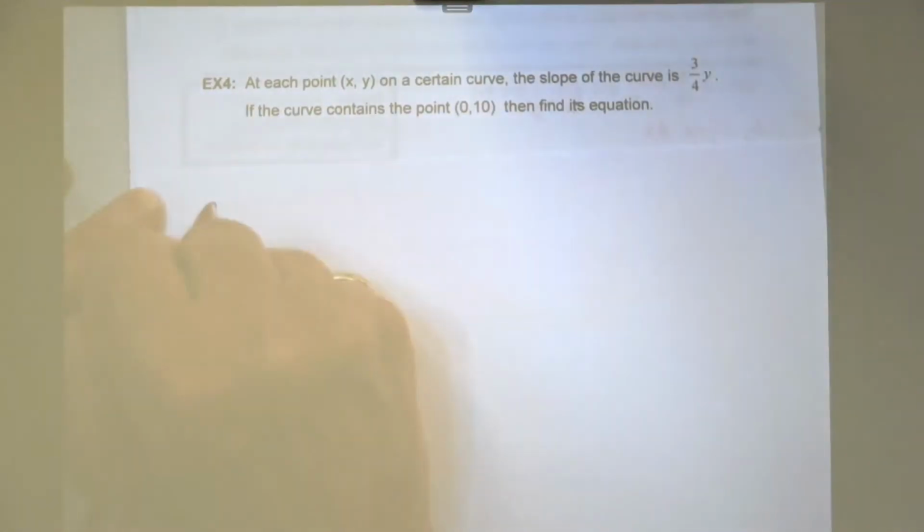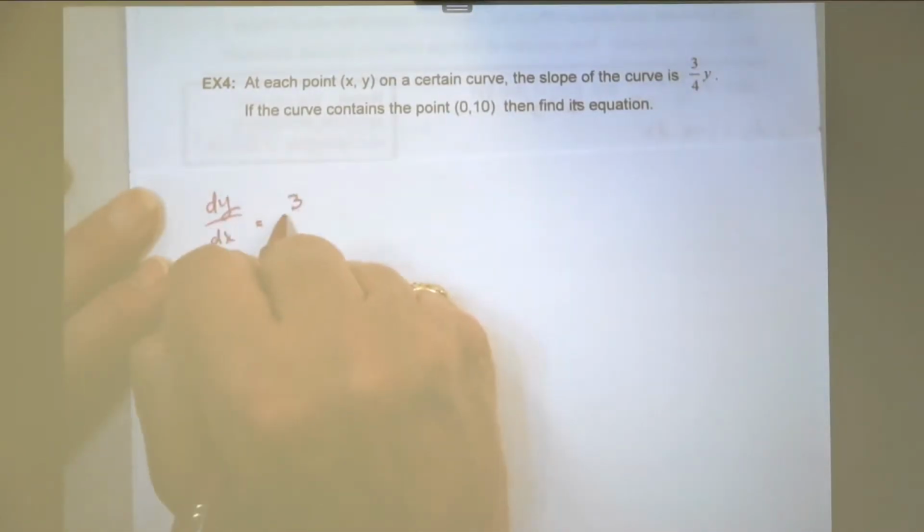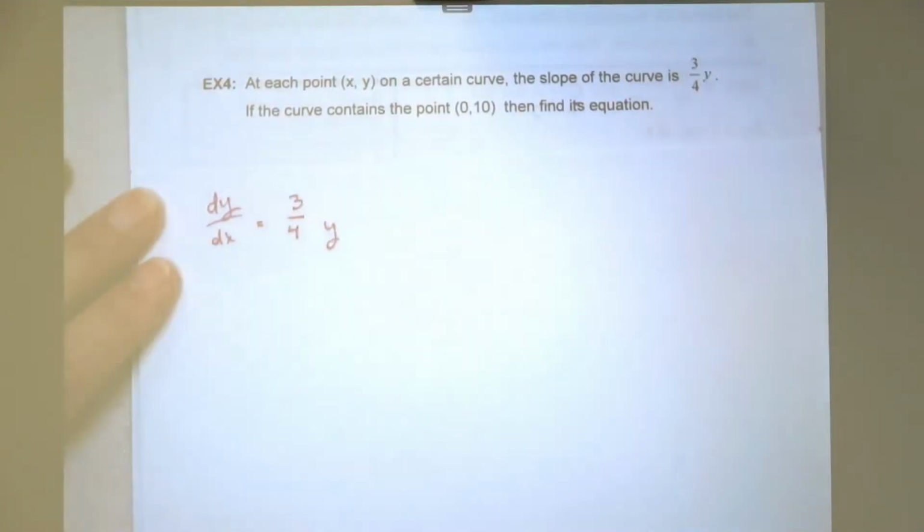They're telling you the slope of the curve, the derivative, is 3/4 y. And again, sometimes you have to know what you're reading. The slope of the curve, the derivative of the curve at that point, dy dx is 3/4 y. The curve contains the point 0, 10. Find its equation. So again, they're giving you this initial condition.